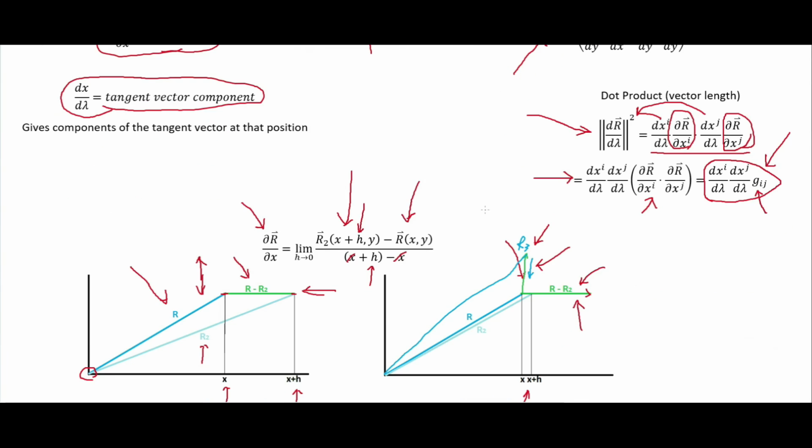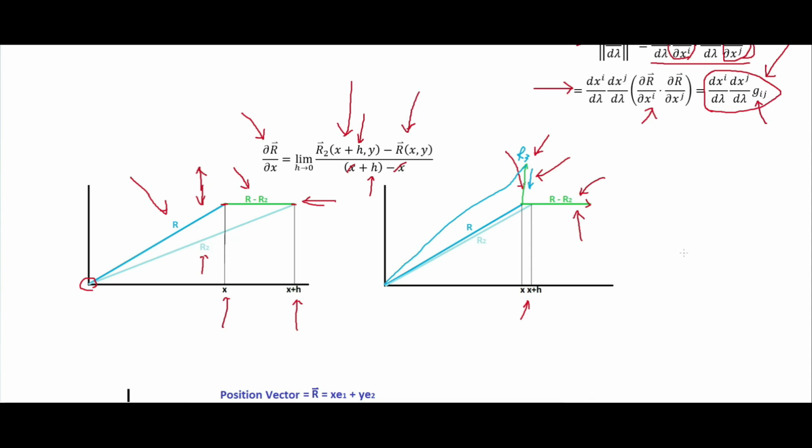And that is exactly what a basis vector should be: something that if you add it together, you have a direction that way plus a direction that way. And so a partial with respect to x and a partial with respect to y satisfy that.